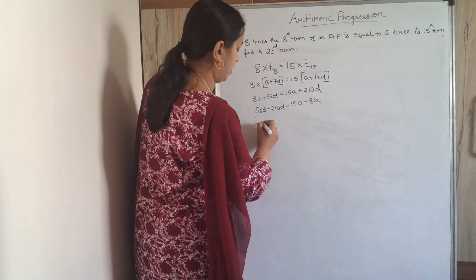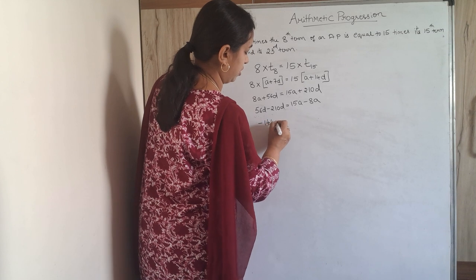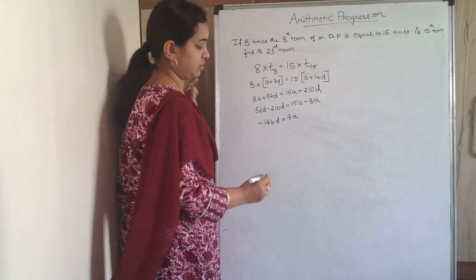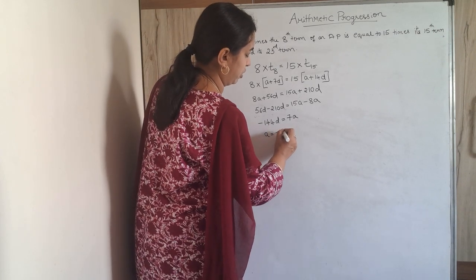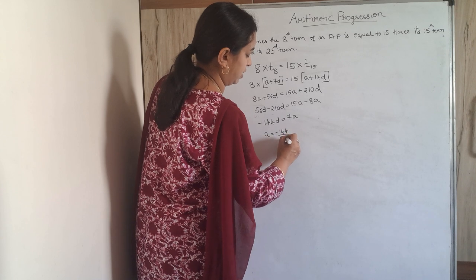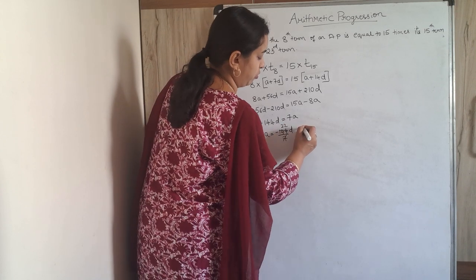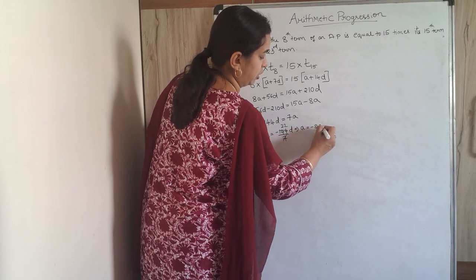So this will be −154d, which will be equal to 7a. So your a will be equal to −154/7 d, so this will be 22. Therefore, a will be −22d.